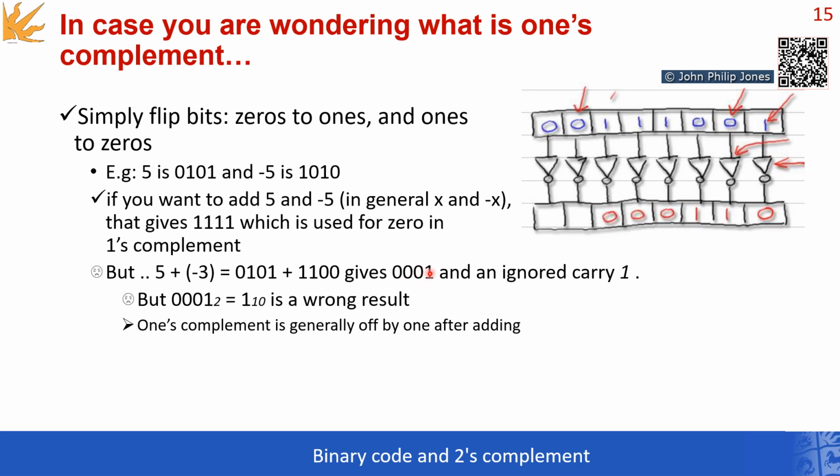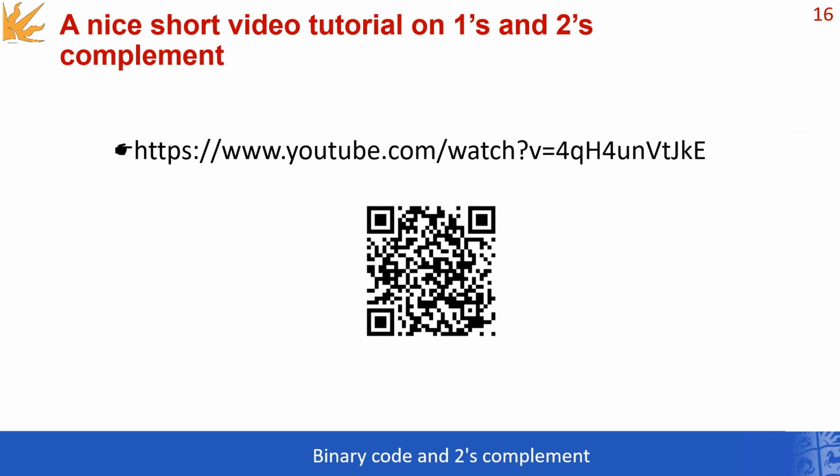However, this result is not what we want, because this is interpreted as 1 in the decimal system and in the binary system, which is wrong, because you would have been expecting to get a 2 as a result from adding minus 3 to 5. So in general, 1's complement is one number off. And this is why we don't use it.